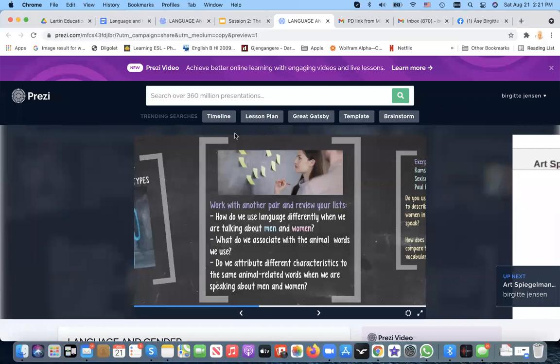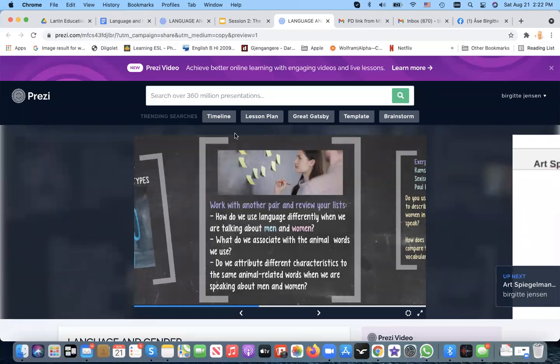So when you call a woman a dog, for example, that means in the US, or in the English speaking world, that she's ugly. But when you talk about a man being a dog, that means he sleeps around, he's promiscuous. So we have these stereotypes based on what we associate with the animal, but they're different for men and women. Why is that? Why do we use different words?